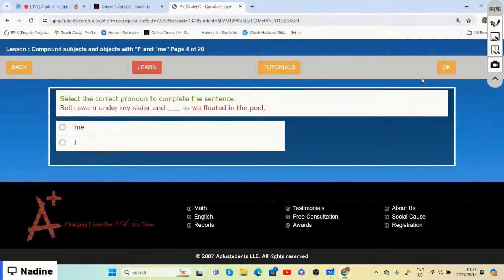Which one is correct? Is it me or is it I? All right, and if we were to choose the correct one, then we can say Beth swam under my sister and she swam under me. Right, so that is the object pronoun.